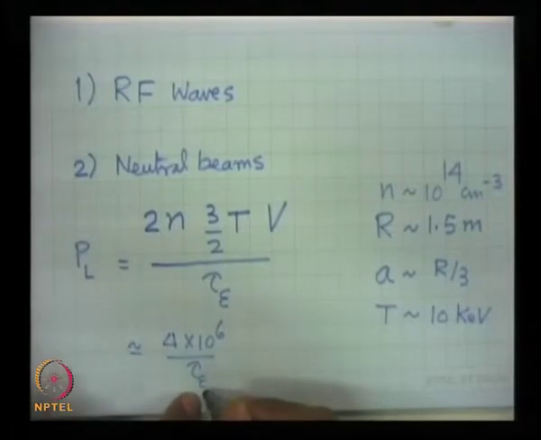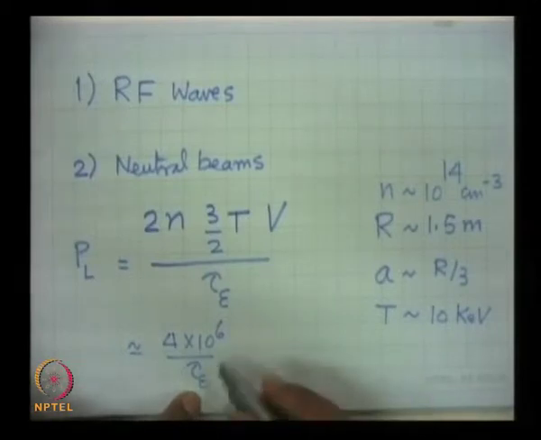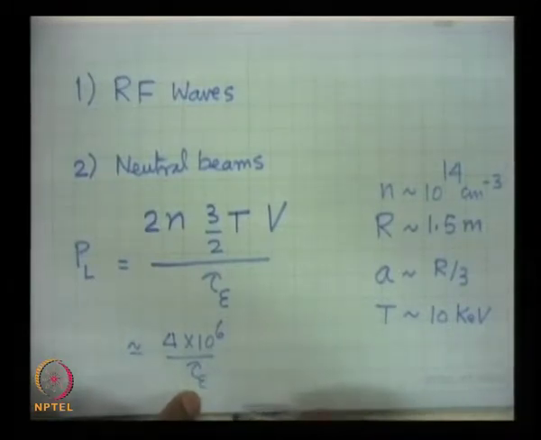If tau e is in seconds, then this is in watt. So, if I take tau e around 1 second, then you require about 4 megawatt.